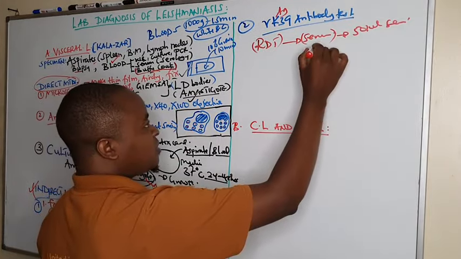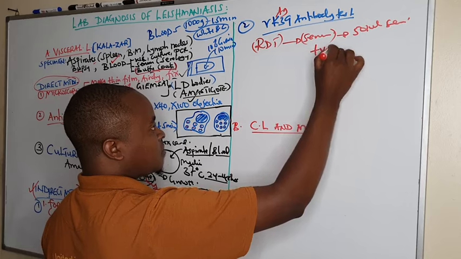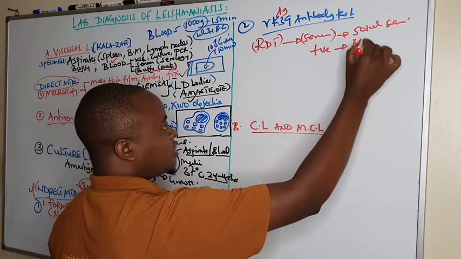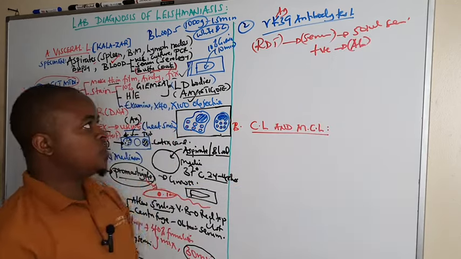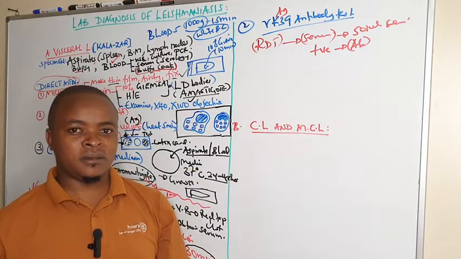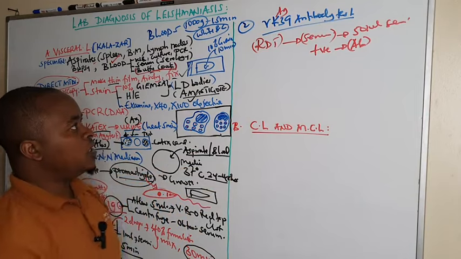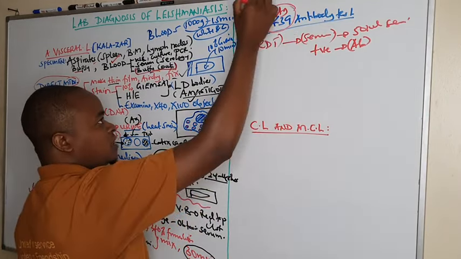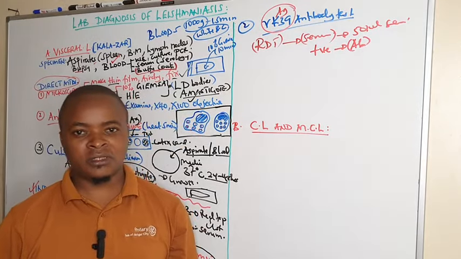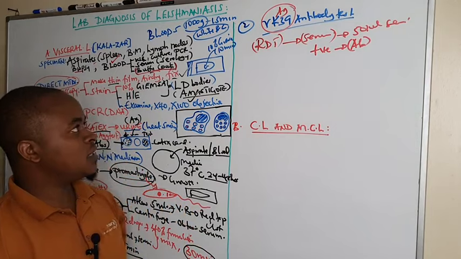A positive result indicates the presence of antibodies in someone's serum which are specific to the Leishmania antigens in the kit. We can use this as a test.